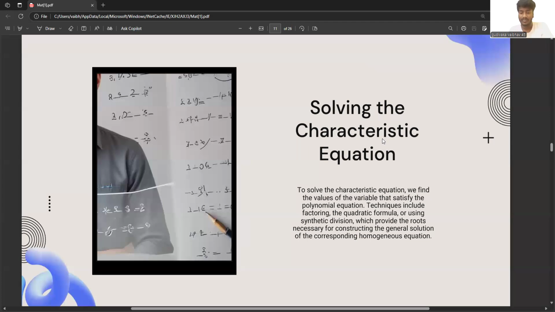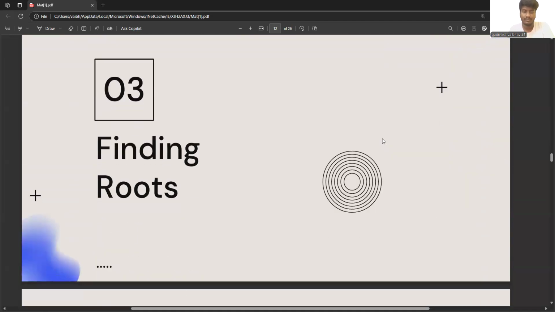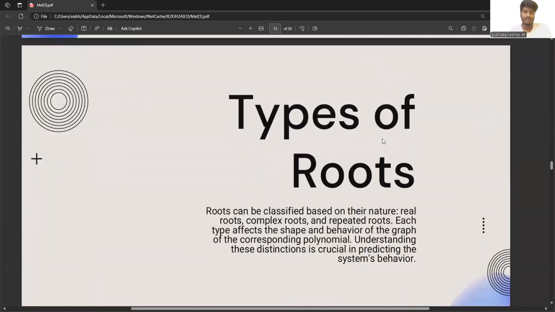Techniques include factoring, the quadratic formula, or using synthetic division, which provides the roots necessary for constructing the general solution of the corresponding homogeneous equation. Finding roots.